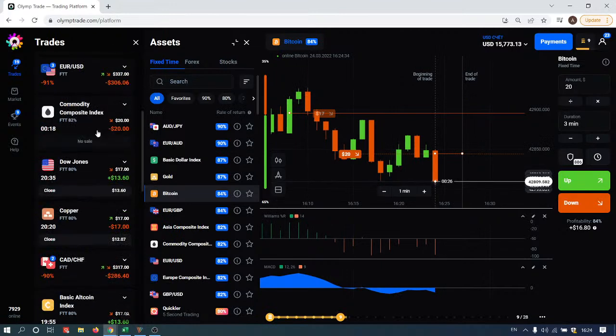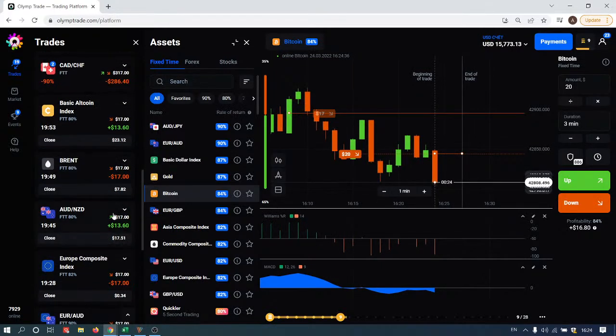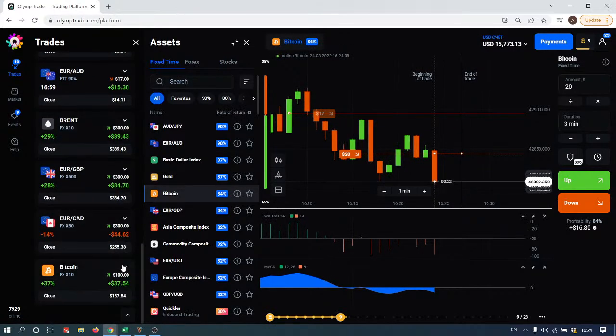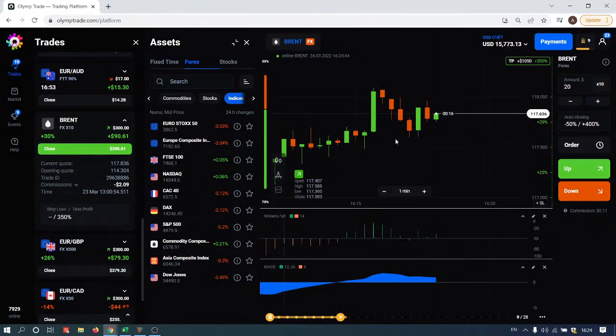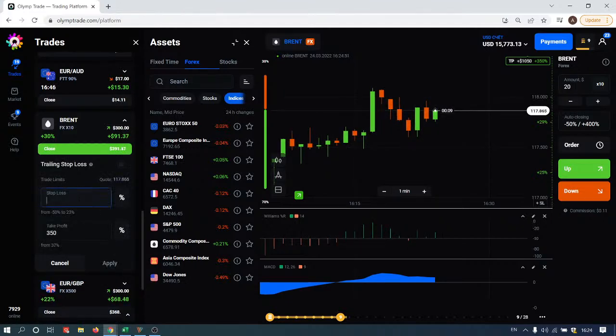So let me give you an example here. Let's say on Brent. I opened this trade yesterday, and my take profit is 350%. So my stop loss in this case, which I have not set, basically equals 100%.